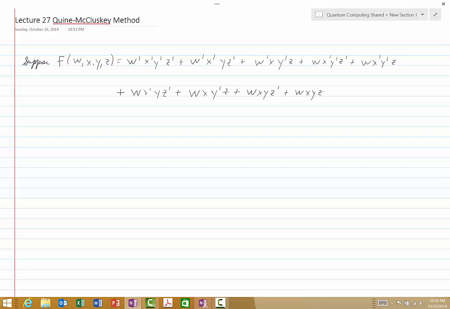Now, some of you may be familiar with something called the Karnaugh method, and it certainly will work in this case as well. The only objection to the Karnaugh method is that it's only suitable for functions up to 5 variables, and we would like something that's appropriate for functions of possibly more variables than that. So we'll go with the Quine-McCluskey method.